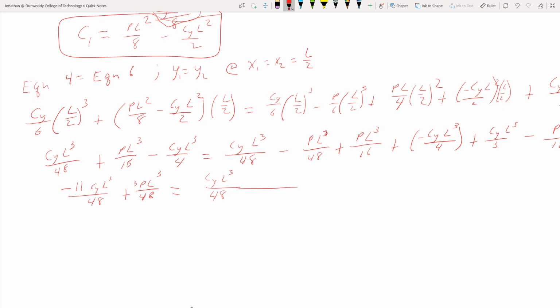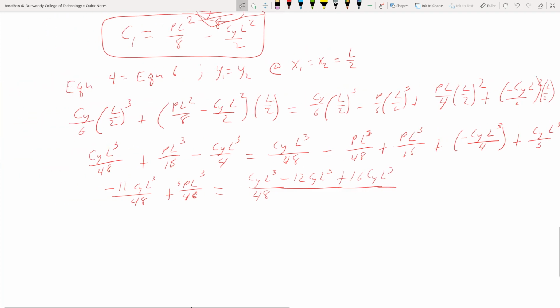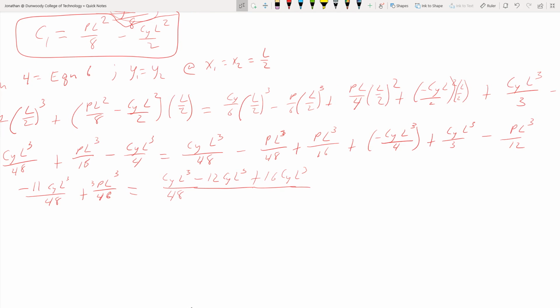So as I add that, minus, it's going to be 12, minus 12 CYL cubed plus 16 CYL cubed from this guy. Alright, that's it there. My 48s, I get, let's see, I get 3, negative 2. Okay, so let's just do it here. Negative 1 plus 3 minus 4 over 48 times PL cubed.